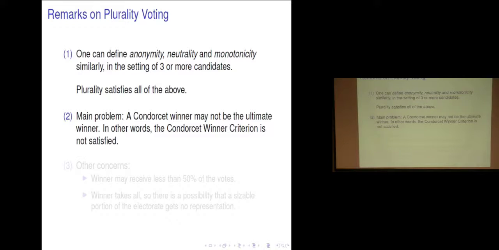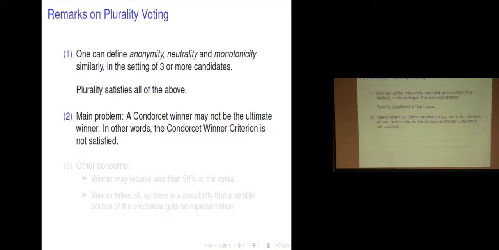Okay, so one of the problems is the Condorcet. Remember that we defined something called a Condorcet winner. Mr. A is a Condorcet winner if he competes with any other person, he will win. Suppose it's two, so if we pit Mr. A against somebody else head to head, then Mr. A always wins. So he wins every single one-to-one game.